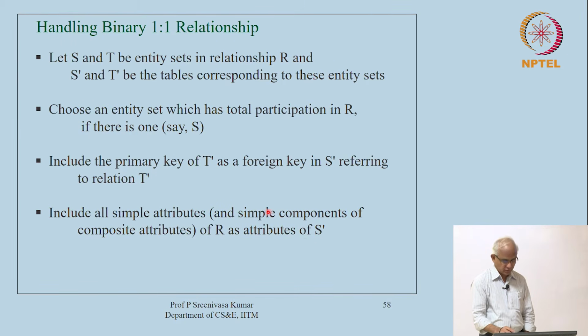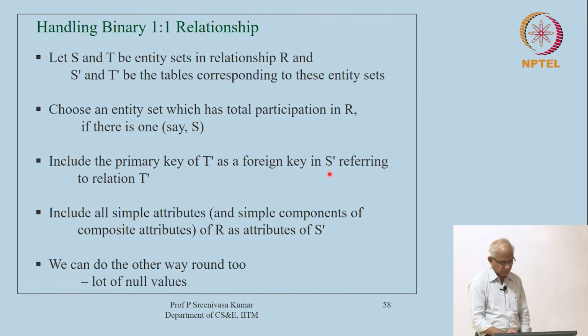Okay, this is one approach. I will show you an example, and then it will become clear what we are exactly doing. So, we give preference to the one that has total participation, and we change the relation scheme of that particular thing by including the primary key of the other as a foreign key here.